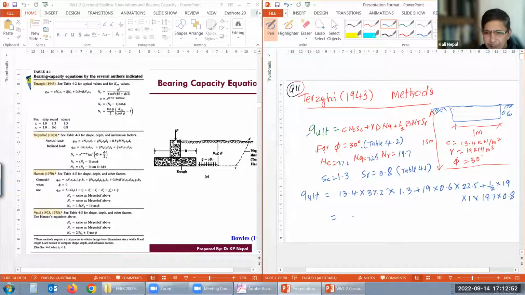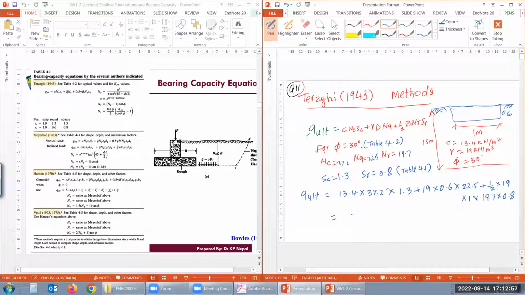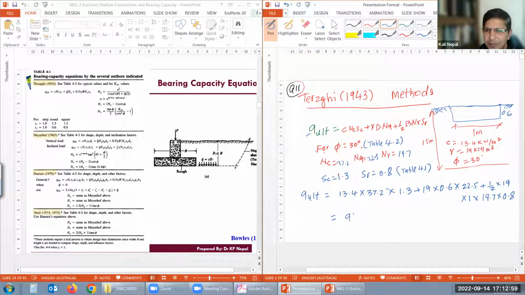All right. How much did you get? 912.4. Is that correct? I have a slightly different answer here. I just need to check. Can you check with other people also? Confirm no calculation mistakes. Half B is 1, gamma is that, and N gamma.